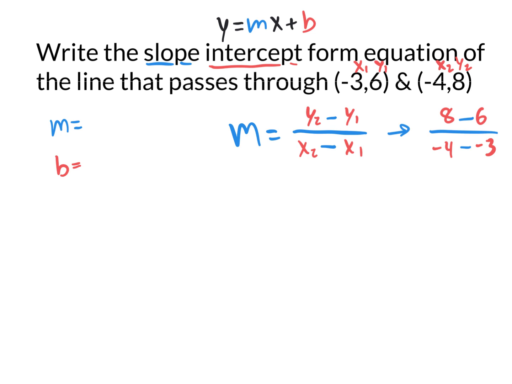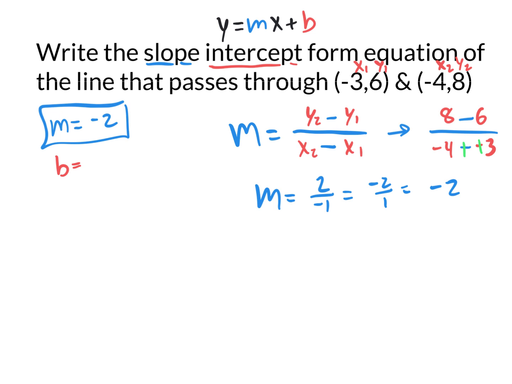So we need to change those minuses to plus, and then we need to simplify this fraction. So our slope is 8 minus 6 is 2, and -4 plus 3 is -1. So our slope is technically -2 over 1. It's a drop of 2 and run of 1 to the right. Or you could just say that it's -2. And I would say -2 for the sake of this problem, all right?